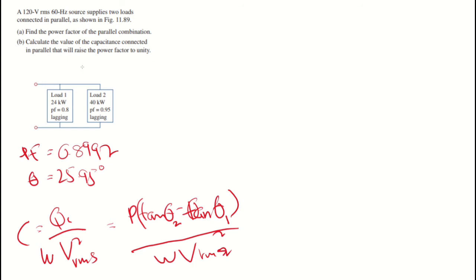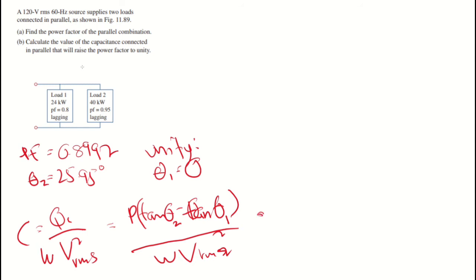Tangent theta 2 is based on the original power factor, and theta 1 is the one that we need to achieve, which is unity. For unity the value of theta is 0, so theta 1 equals 0.